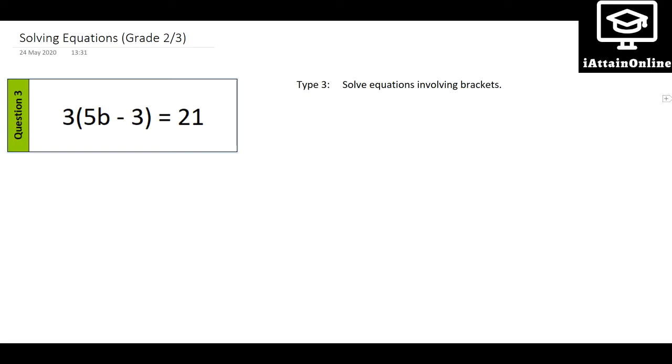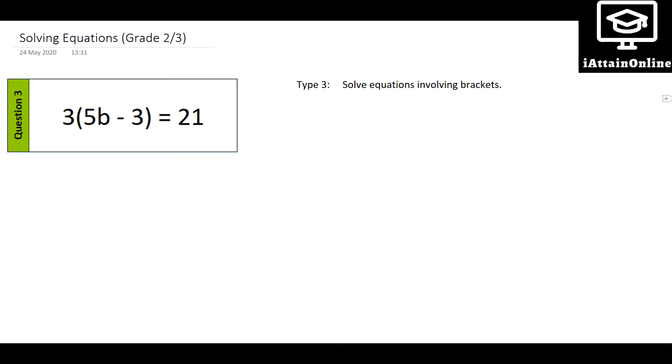Okay, next one. This looks a little bit more complicated because it has the brackets in it. You can turn this into a question like either type 1 or type 2, one of the first two examples that we know how to solve, by expanding the bracket.